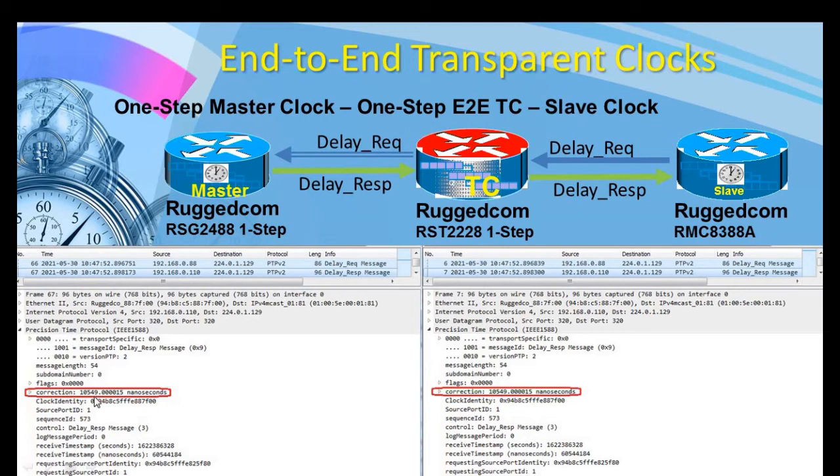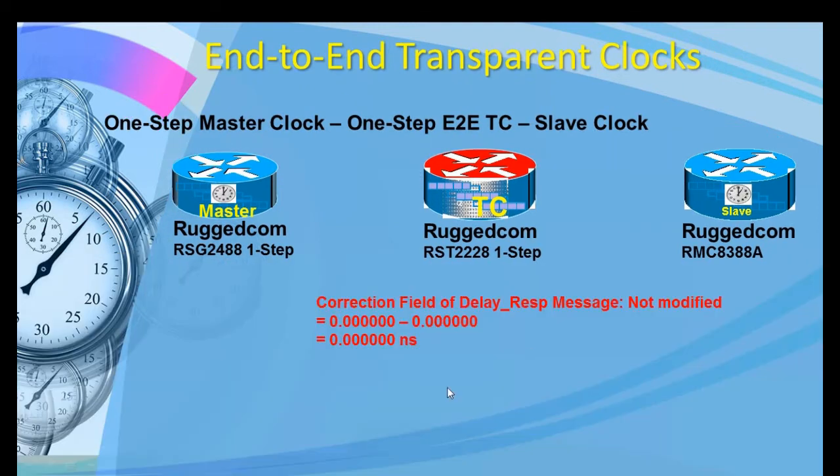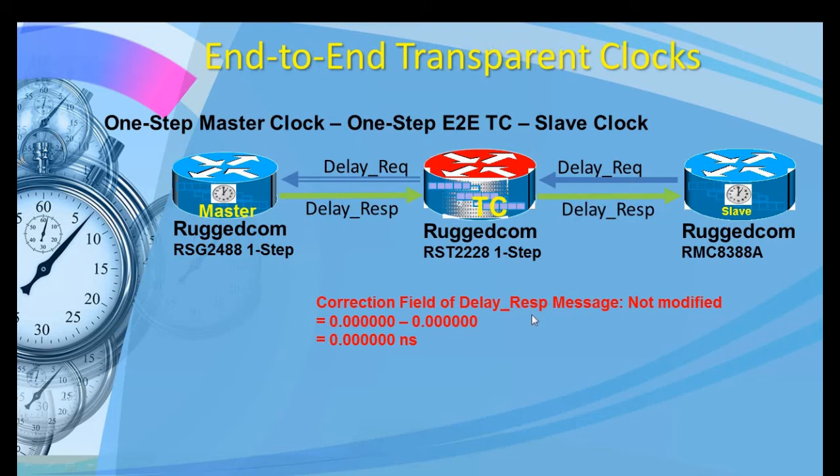The correction field is 10549, but the egress port is the same thing, 10549, which means this message is not modified by the transparent clock. So the correction field for the delay response message is not modified.